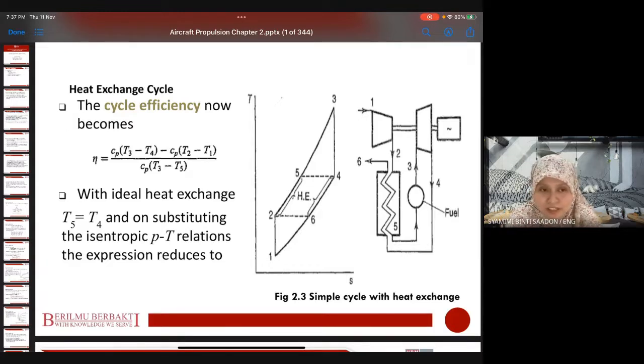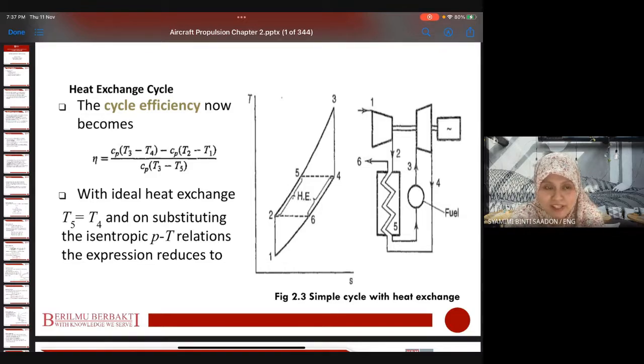If its objective is to condense, it is a condenser. Here the function of this heat exchanger is to regenerate, to reuse the heat from the hot side and transfer it to the cold side of the cycle.